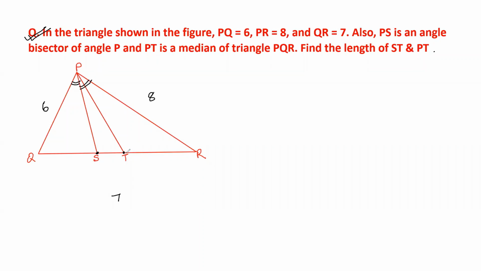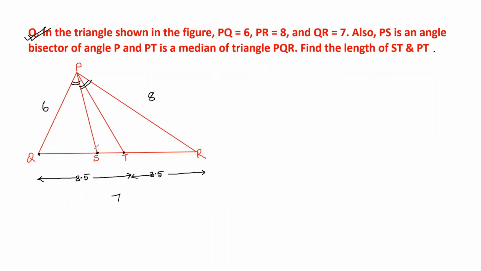Since T is the midpoint of the side QR and the length of the side QR is 7 units, we can say that the length of QT and the length of TR would be half of 7, which would be 3.5 units. So QT length is 3.5 units and TR length is also 3.5 units.